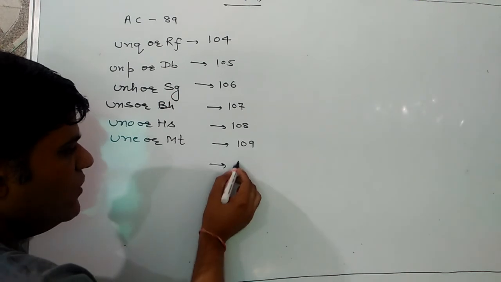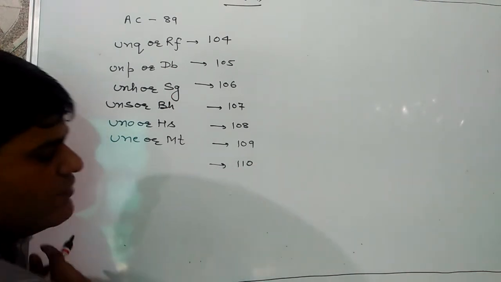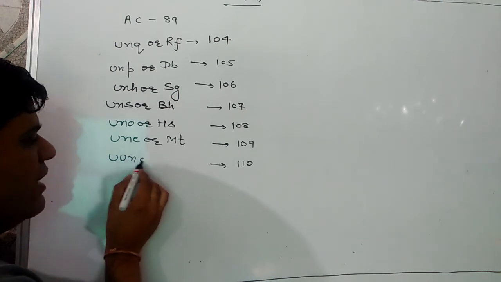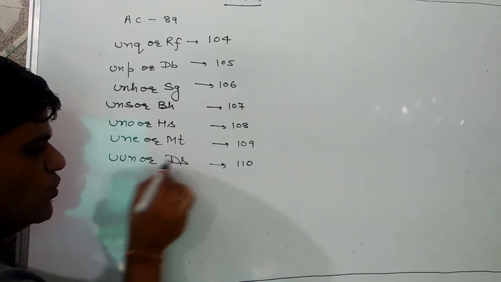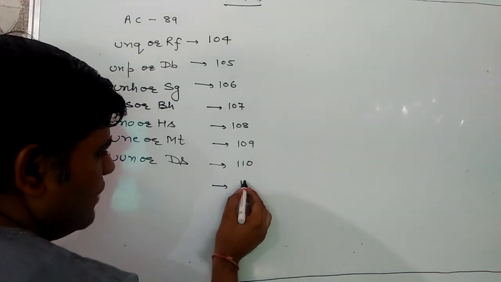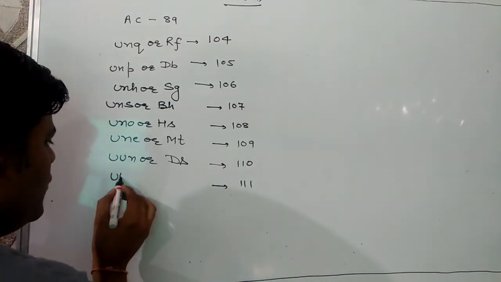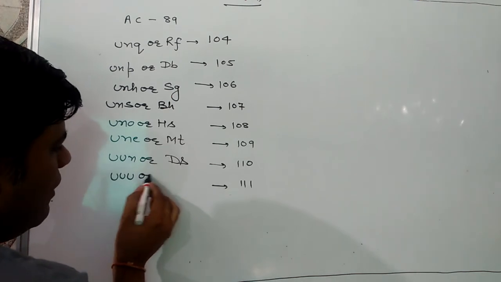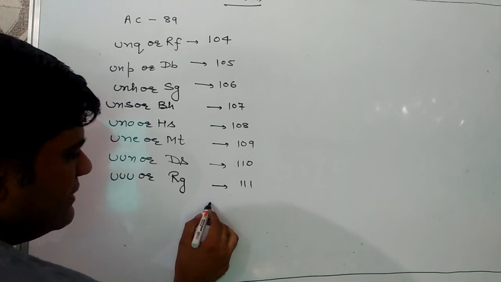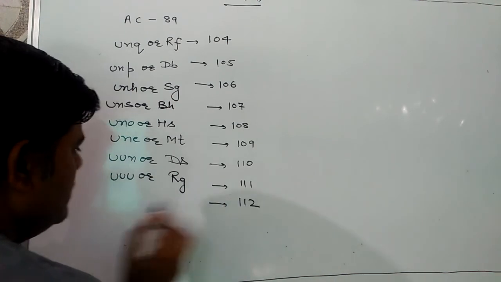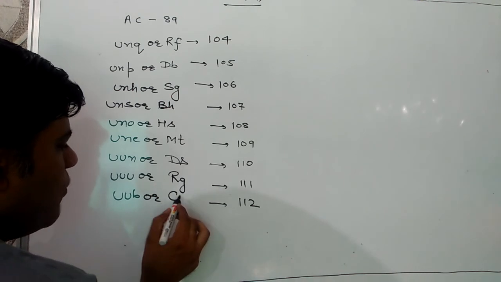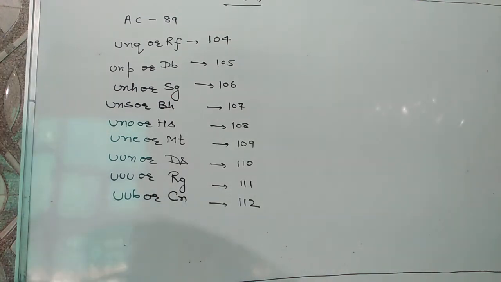Next one is 110, UUN or darmstadtium. Next one is 111, symbol UUU or roentgenium, RG. And the last one is 112, symbol UUB or copernicium, CN.